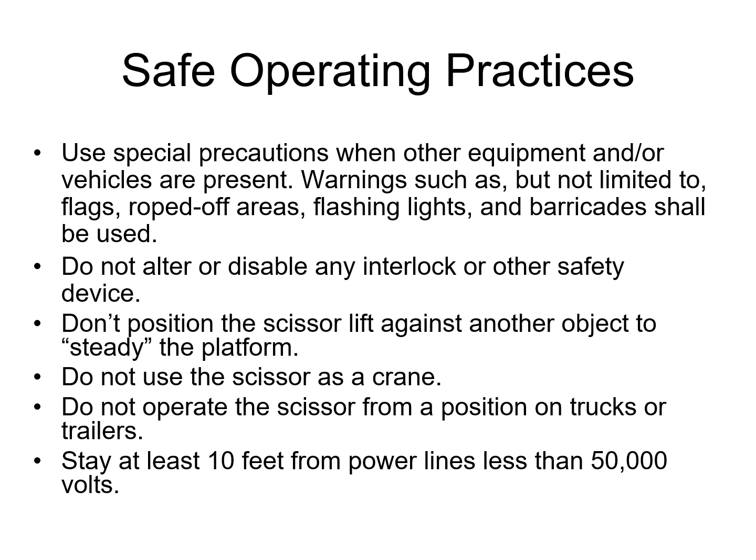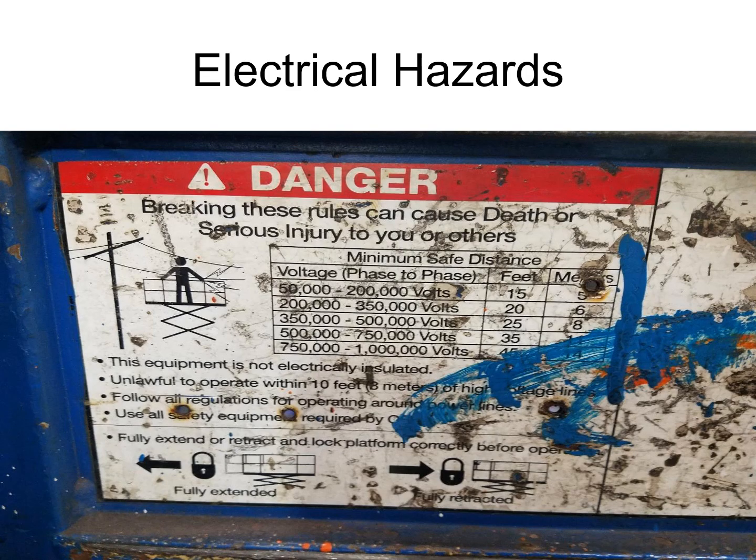Do not use the scissor lift as a crane. Do not operate the scissor lift from a position on trucks or trailers. Stay at least 10 feet from power lines less than 50,000 volts. This shows you the electrical hazards and how far we need to stay away based on the voltage.